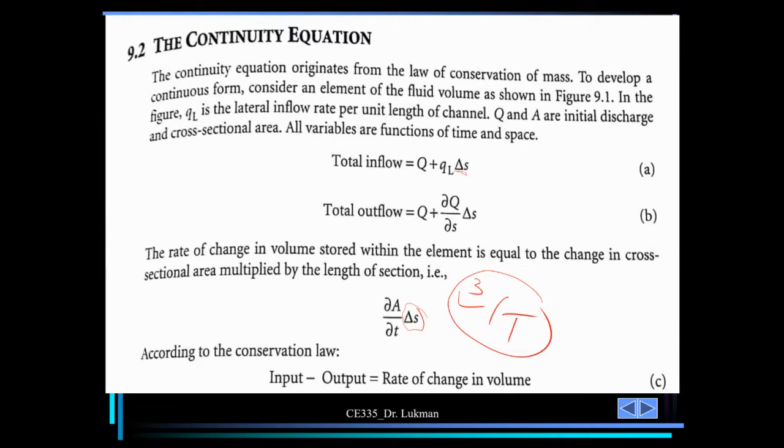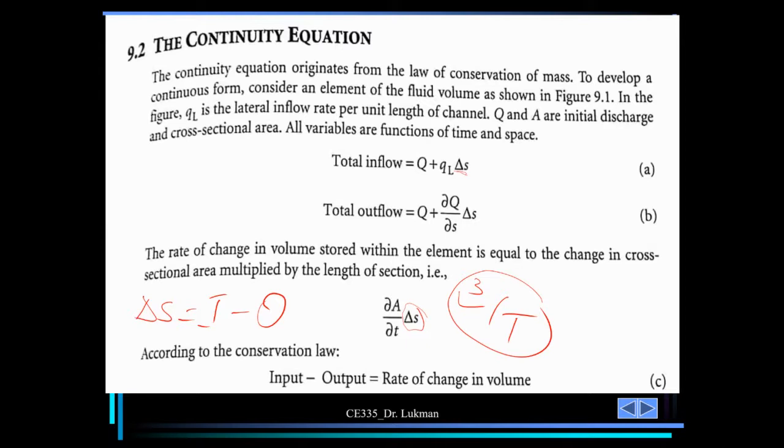According to the conservation law, input minus output equals rate of change in volume. You remember even in our hydrology, delta S equals I minus O: inflow minus outflow gives the change in storage. The same thing here.